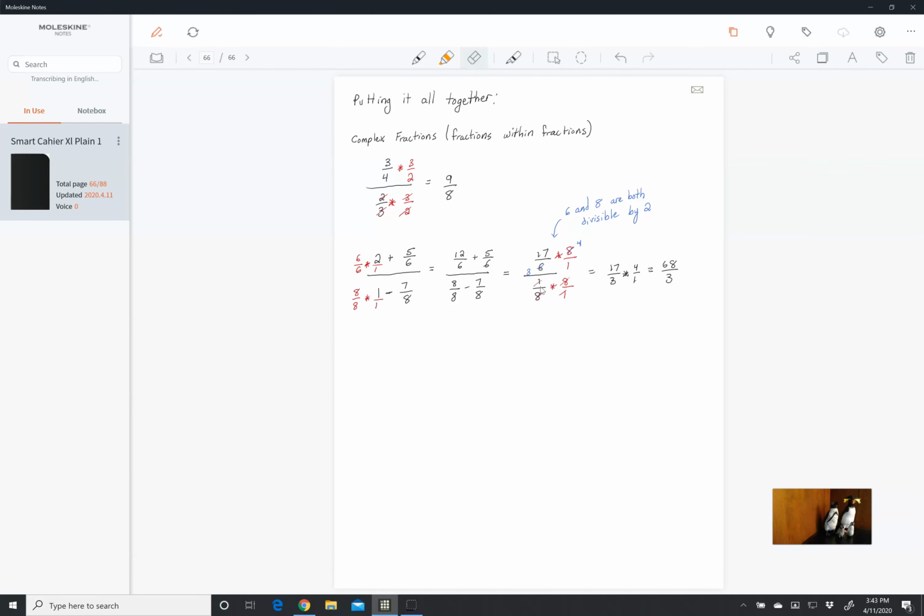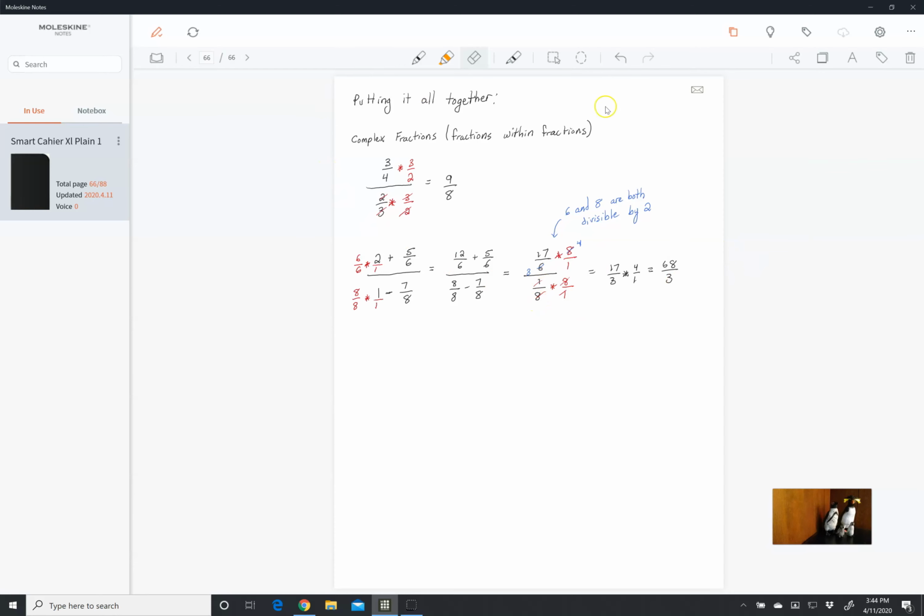So you just would have gotten larger numbers if you didn't reduce here. If you didn't divide the 6 by 2 and the 8 by 2, you had done 17 times 8 over 6 times 1, and that would have given you 136 divided by 6. And getting that, you would have been able to divide both the top and the bottom by 2 at that point. How you do it is up to you.